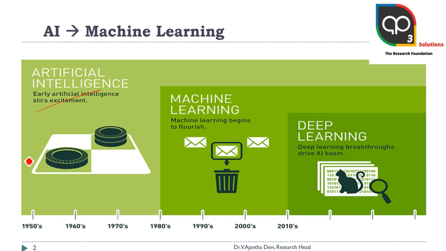There are two ways of incorporating intelligence in artificial intelligence: through machine learning and deep learning.